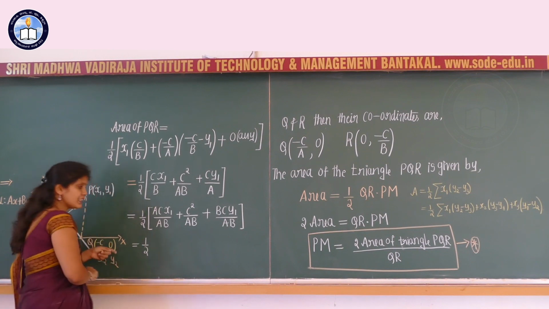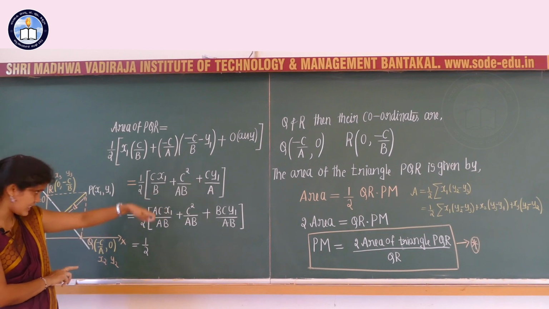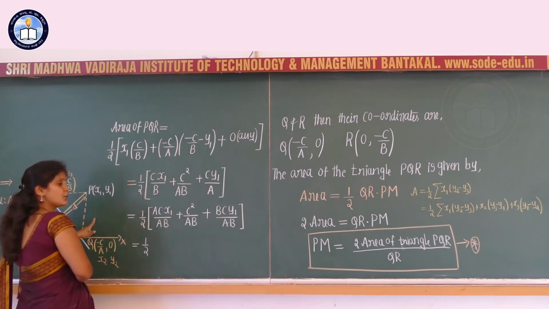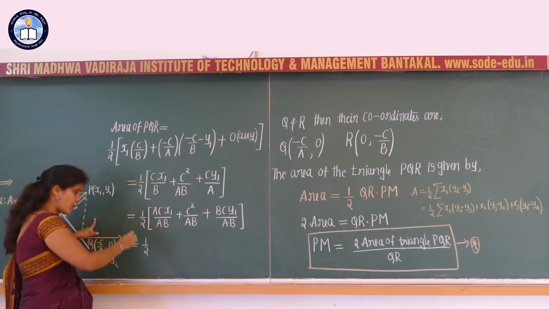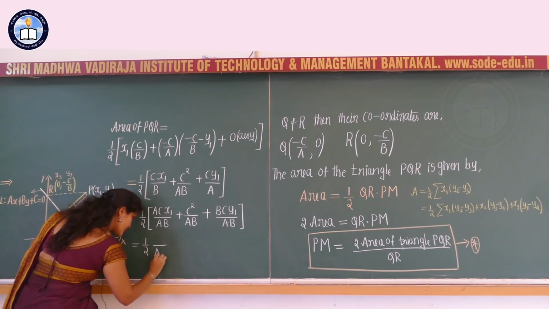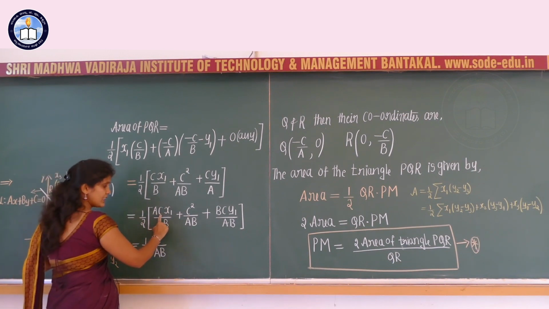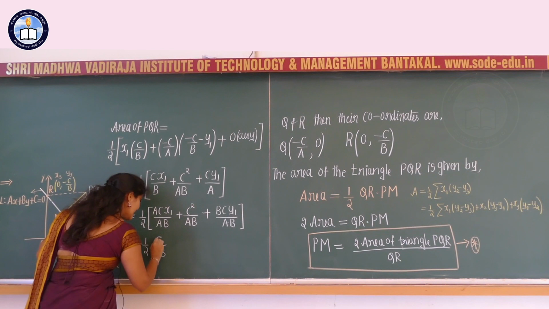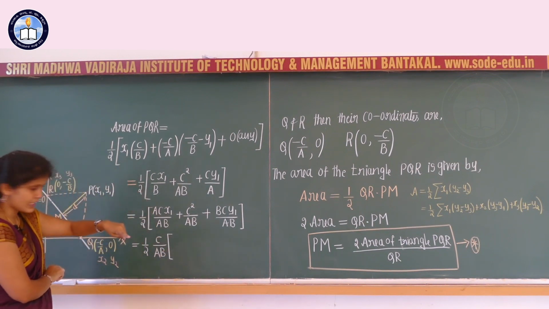Or I can say that this is equal to 1 by 2 into, whether we are having any common term with respect to the numerator and denominator, yes. So common term with respect to the numerator and denominator is, in the denominator we are having ab as the common term. So I have taken it outside, ab into, what is common term with respect to numerator, that is c. c is present in each of the terms. So therefore c divided by ab is taken outside.